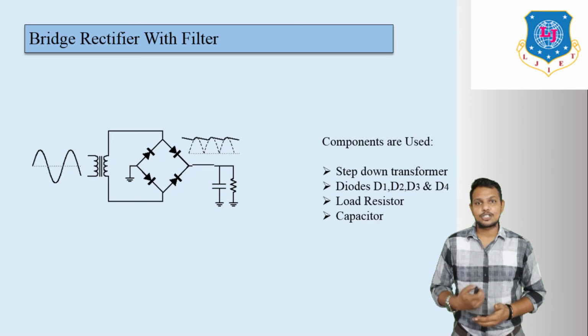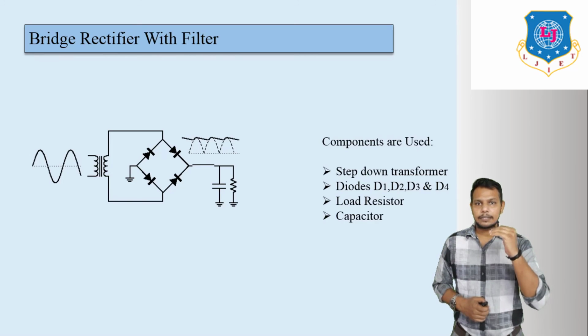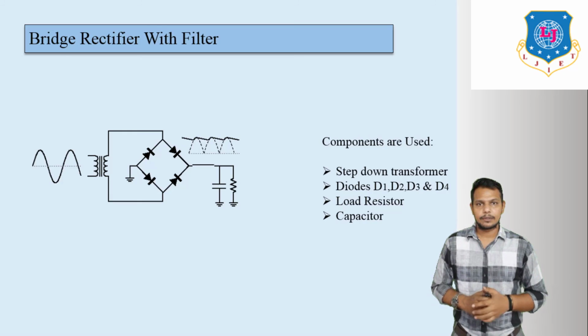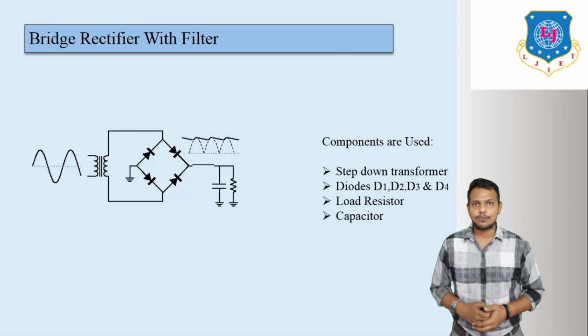The capacitor charges as long as the voltage is higher than the input voltage. Here we use a step down transformer, diodes D1, D2, D3 and D4, a load resistor, and the main component for the filter is the capacitor.